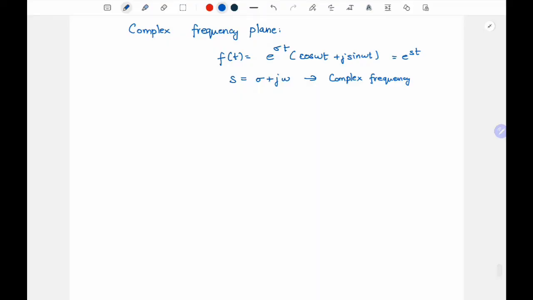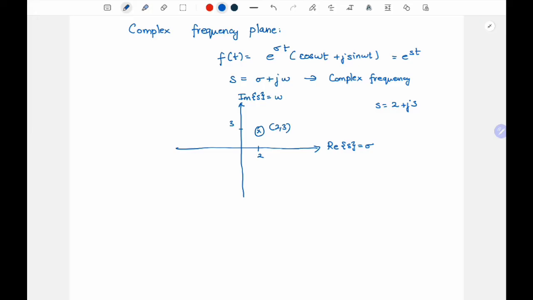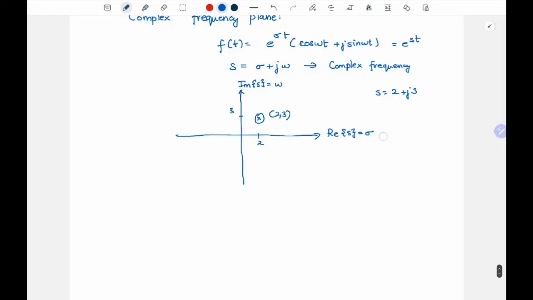And I can have a frequency plane, the complex frequency plane. This axis will be the imaginary part of s, nothing but omega, and this is the real part of s, nothing but sigma. So if I want s equal to 2 plus j3, it is nothing but 2 here and 3 here, this point, right? What kind of signal will you get for it? Since the real part is greater than 0, you will get an exponentially growing function.